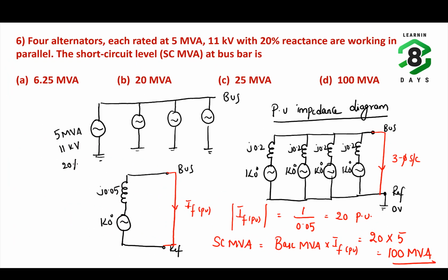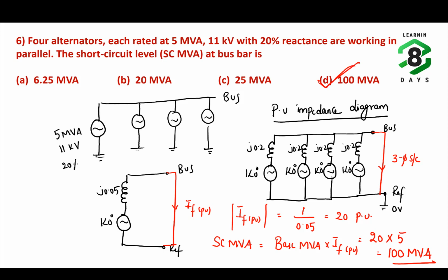So the short circuit level, the short circuit MVA at the generator bus bar, which is having 4 identical generators connected to it, boils down to 100 MVA in this case.